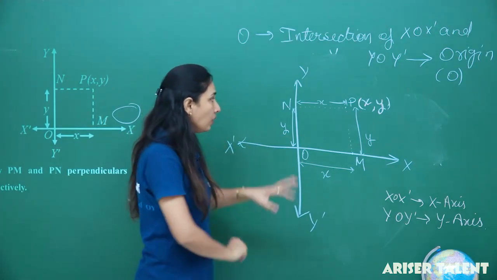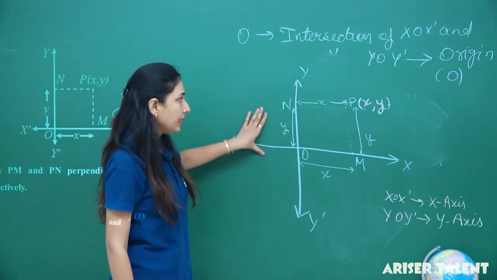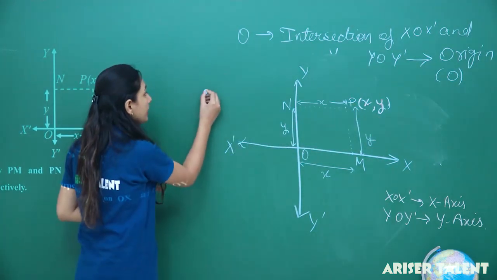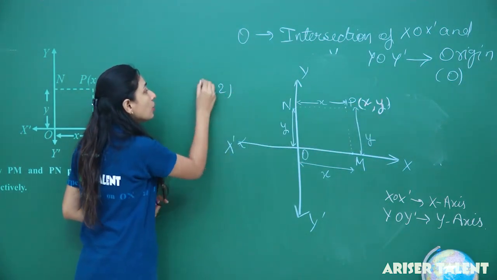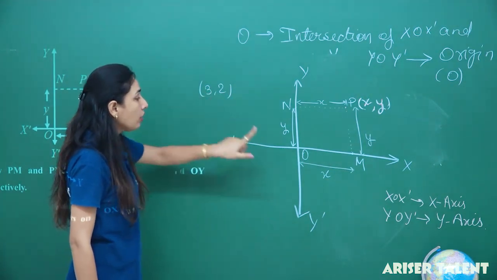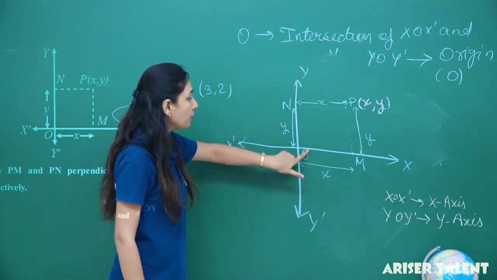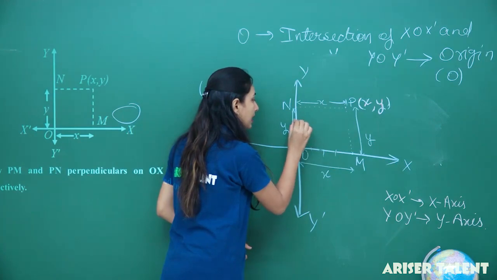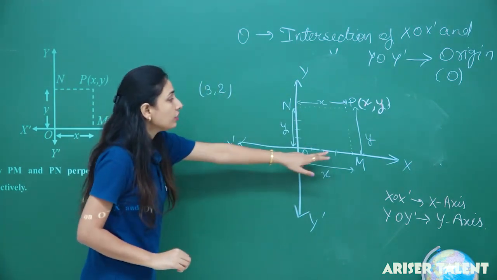Now, this is how we used to write. If I tell you to draw the point (3, 2), you know I have to count 3 on this X axis: 1, 2, 3. So 3 is here.